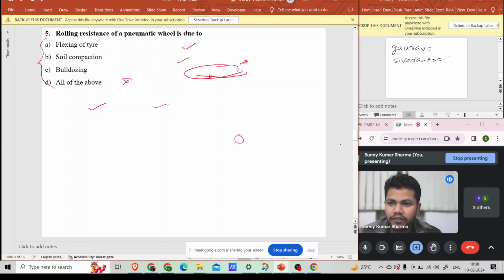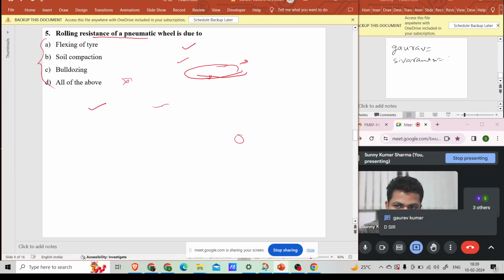Rolling resistance of a pneumatic wheel is due to... This is very easy. I think the answer is flexing of tire.